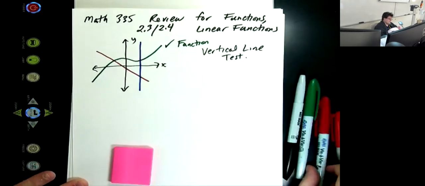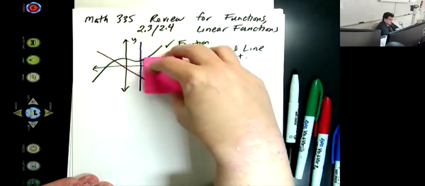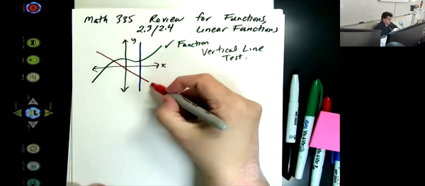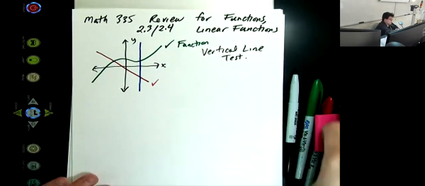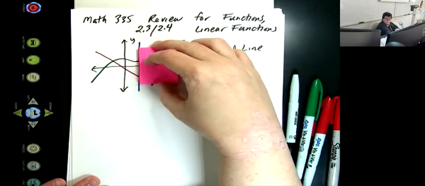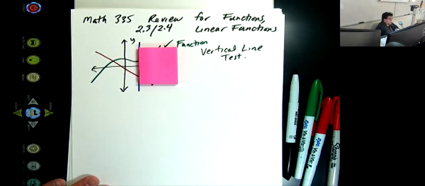If I do the red line, it also passes. If I do the blue line, it does not pass. It hits the entire blue line all at the same time.